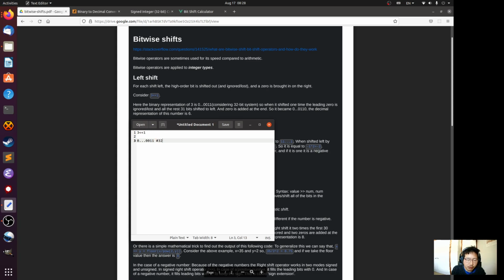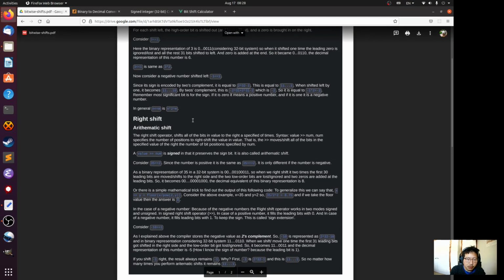So it becomes like this. And this over here is actually in decimal equal to 6. So this operation is like 3 times 2 to the power of 1, which is 3 times 2, which is 6. That's the general pattern.